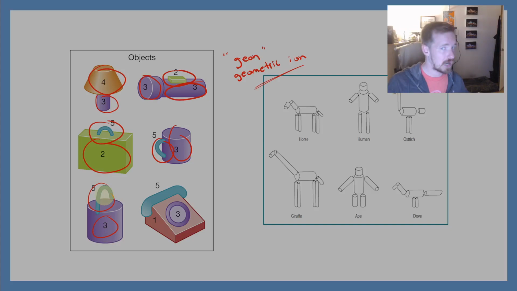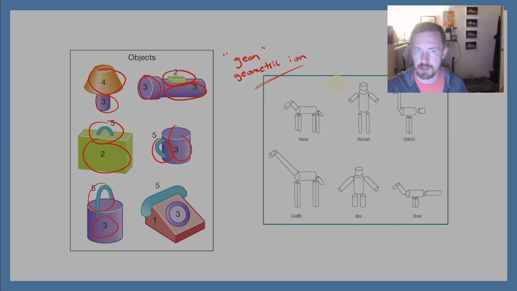If we look at even more complex figures, such as these living organisms, we can see that a human is just a bunch of different geons, right? We have our arms, which are cylinders that protrude from our body, and our body is itself kind of cylindrical as well. Our legs are cylindrical. Our head is also cylindrical.